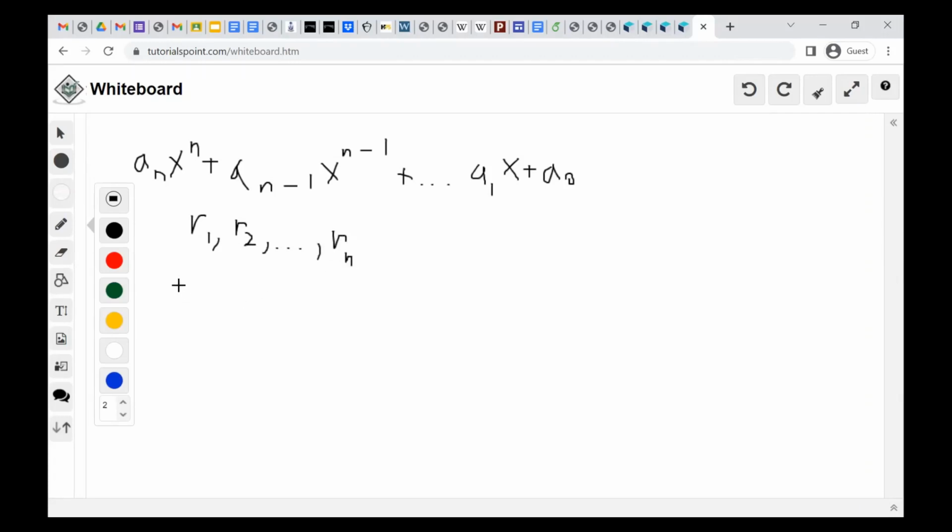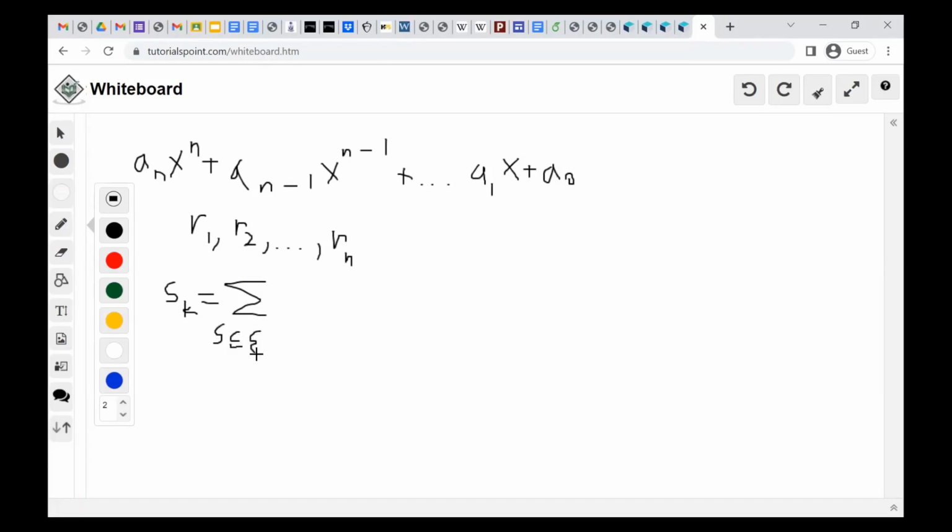Then we'll let Sk denote the sum over all subsets.